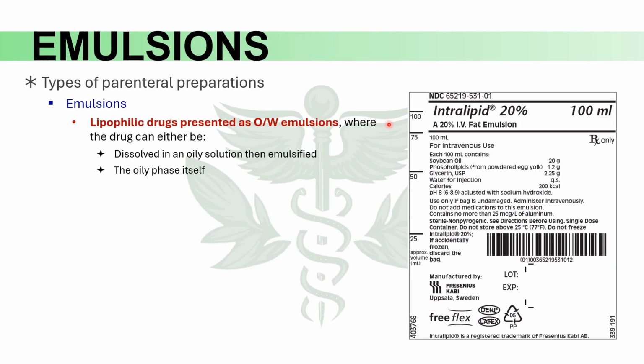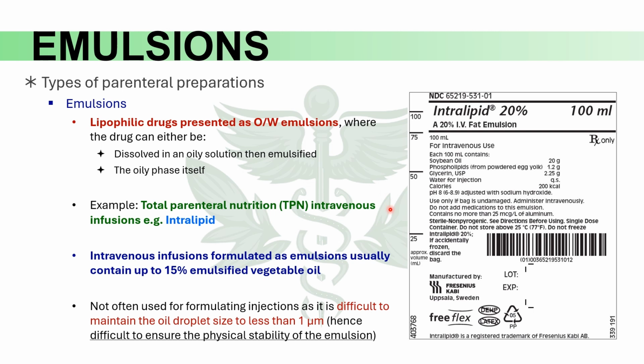Emulsions. We can also formulate lipophilic drugs as oil in water emulsions, where the drug is either dissolved in an oily solution and then emulsified, or the drug constitutes the oily phase of the emulsion. Emulsions are widely used to formulate total parenteral nutrition intravenous infusions, such as intralipid, which we inject as a nutritive fluid for patients who are comatose.